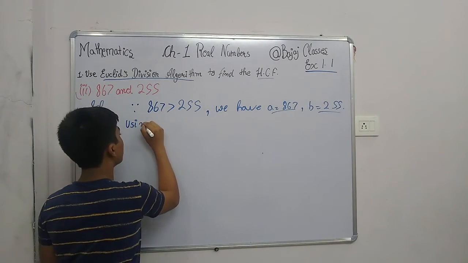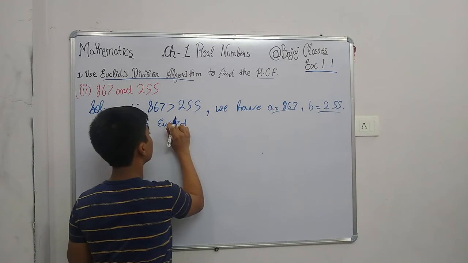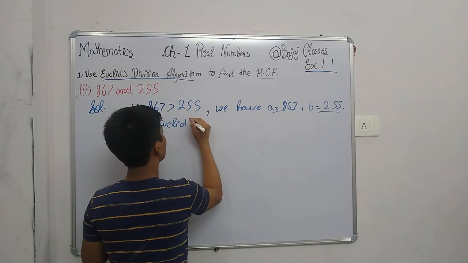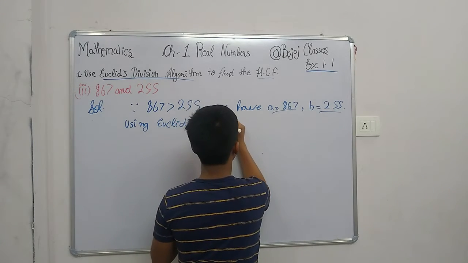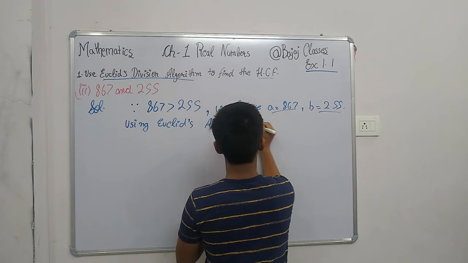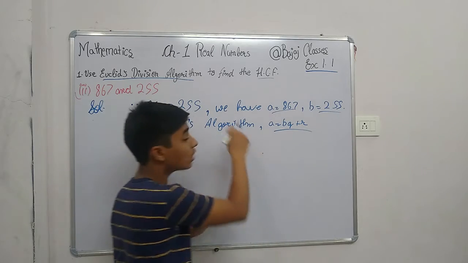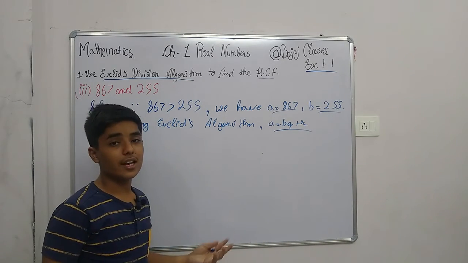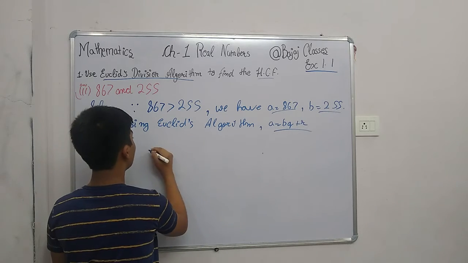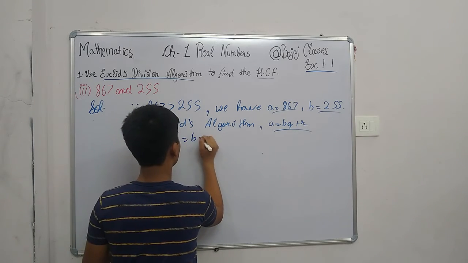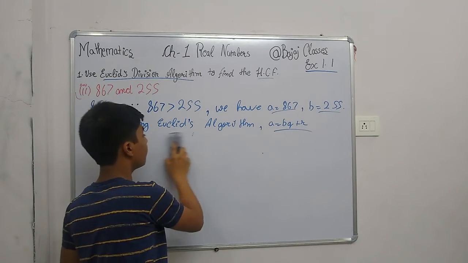Using Euclid's algorithm, A equals BQ plus R. We have to write this, because if we don't write this, the examiner will not give us marks.